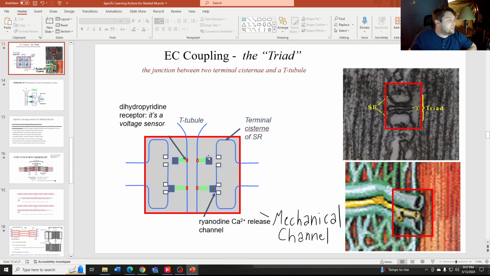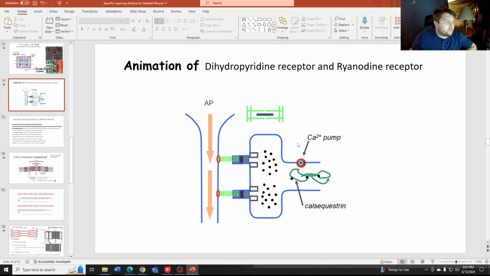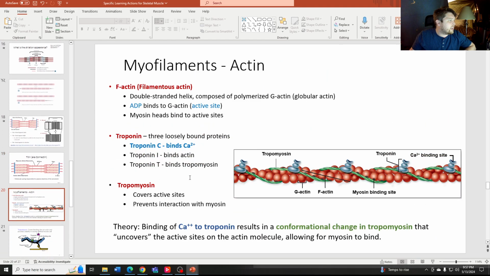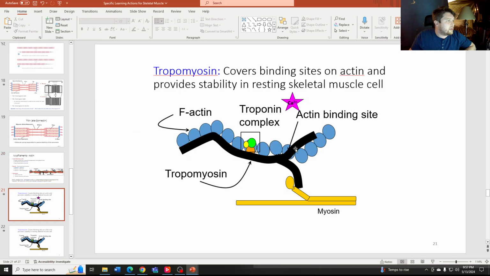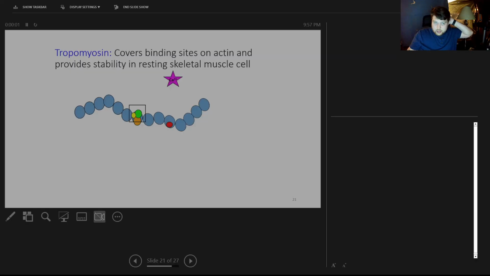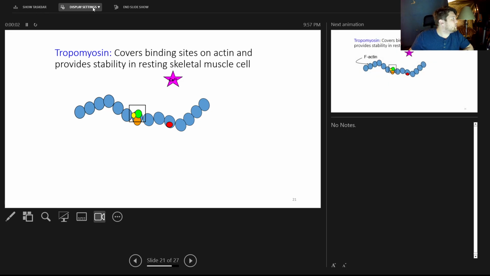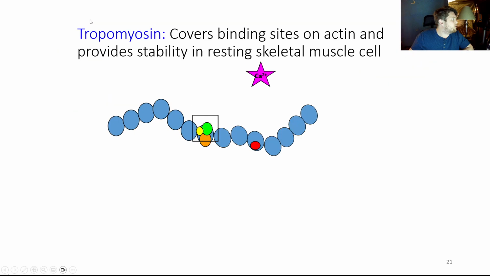So when we release calcium from the sarcoplasmic reticulum, that calcium is going to go, and actually I'm going to see if I can get this whole little video to play, because this goes through the step by step.